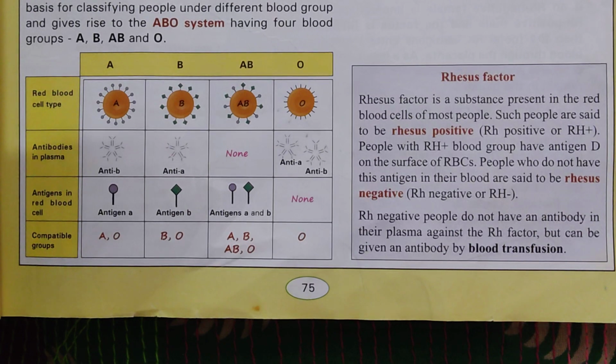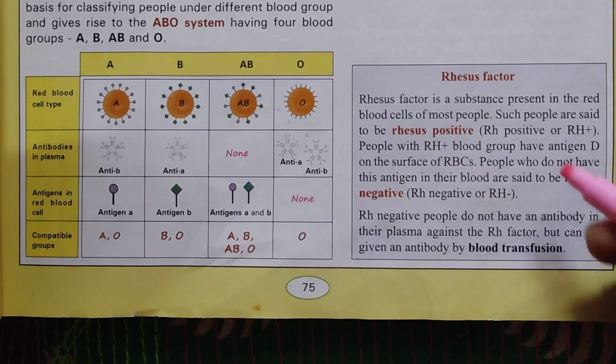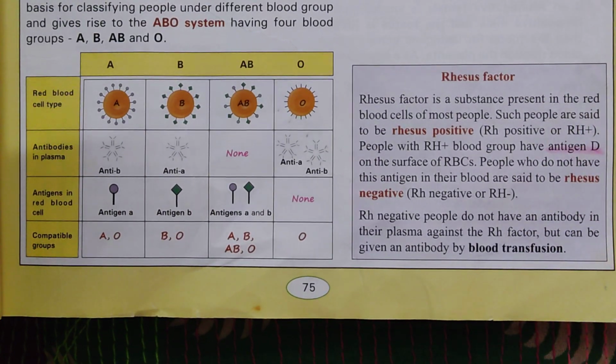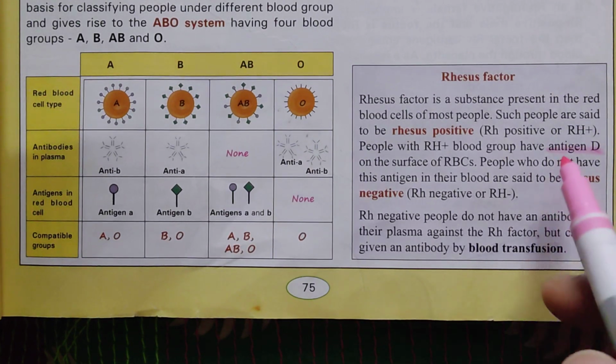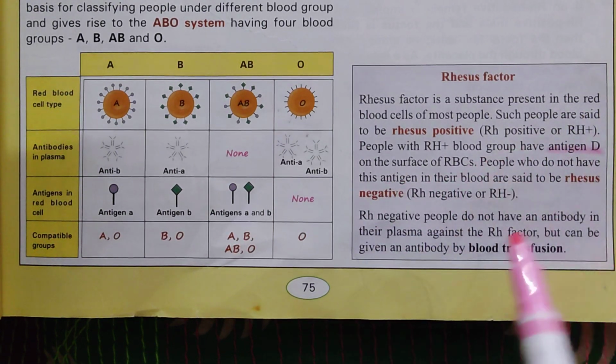That was one antigen. Another antigen is antigen D. This one will decide whether you are RH positive or not. Those who have antigen D will be RH positive. Where will antigen D be present? On the surface of RBC.